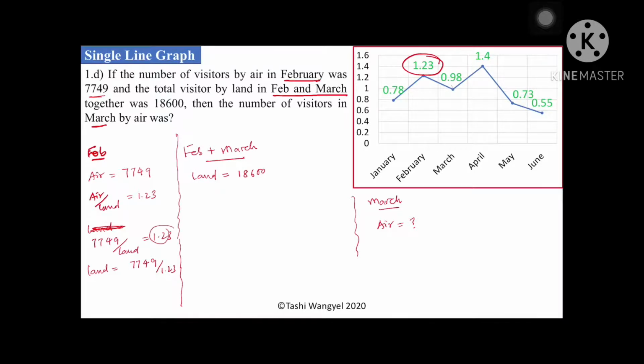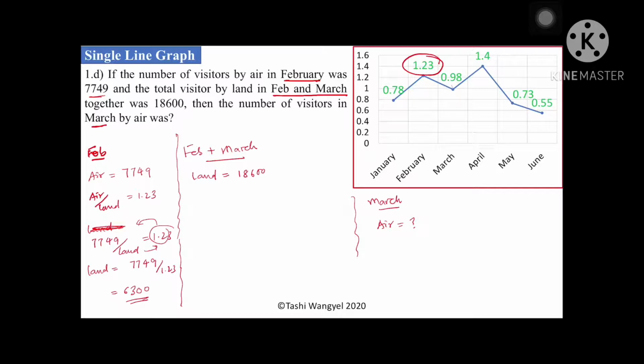Therefore, number of visitors by land equals 7,749 divided by 1.23, which is 6,300.